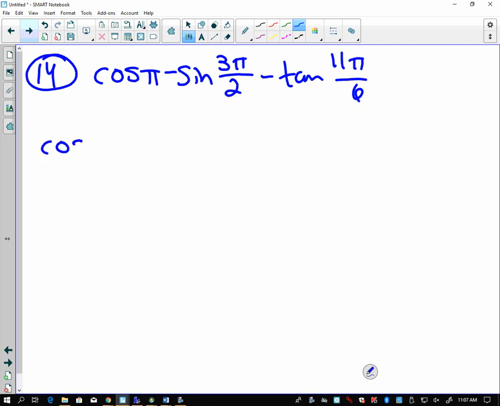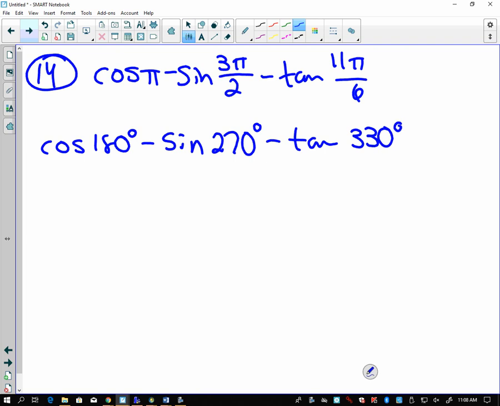So I have cosine 180 degrees minus sine, that's going to be 3 times 180 divided by 2. What do you get? 270? 270 degrees minus tan, 11 pi divided by 6. What are you getting there? 330. Okay. 330 degrees.